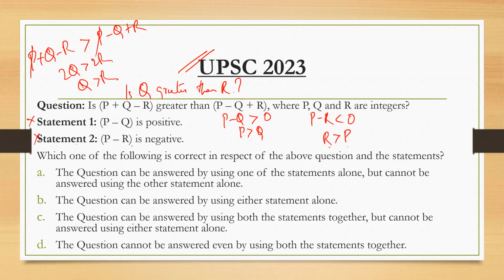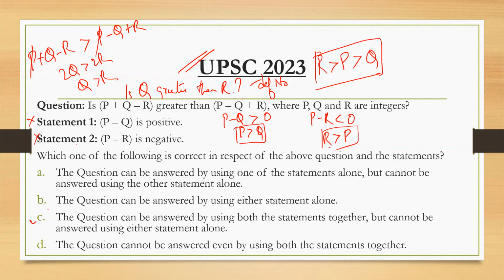If you combine both of them, you get R is greater than P is greater than Q. So now, is Q greater than R? You can get a definite no if you combine both of them together. So the question can be answered using both the statements together.